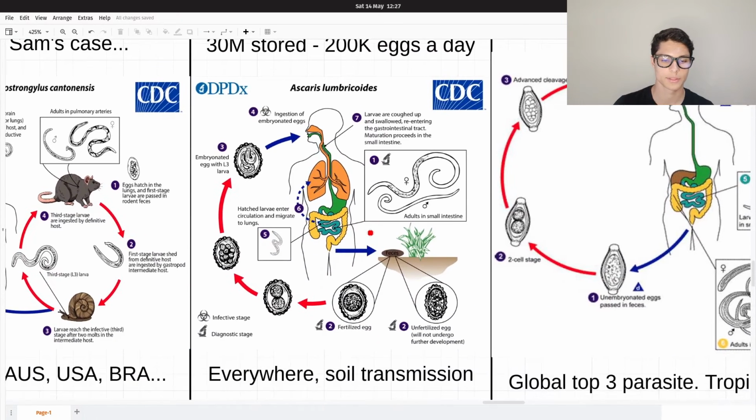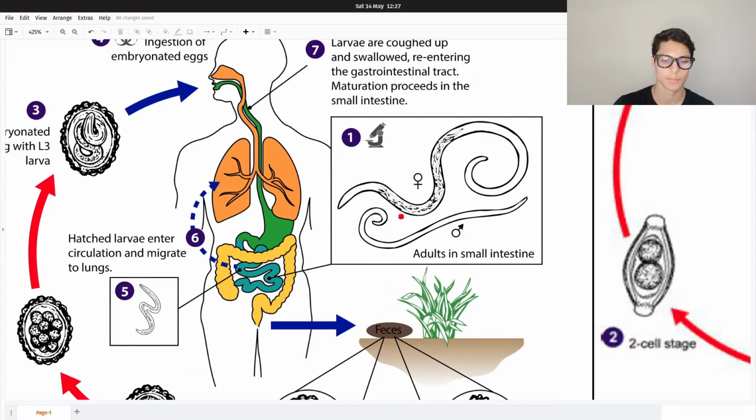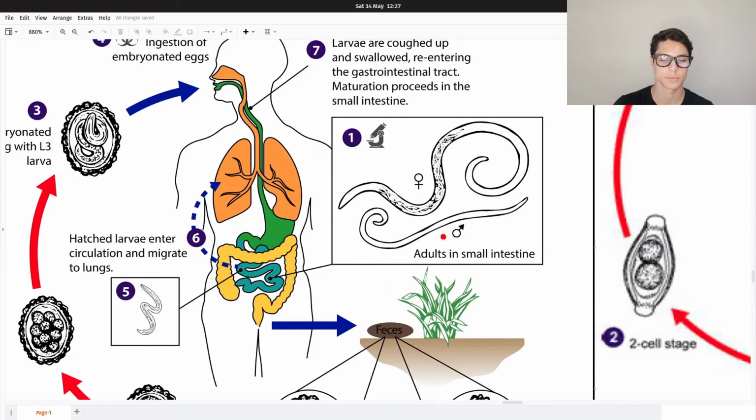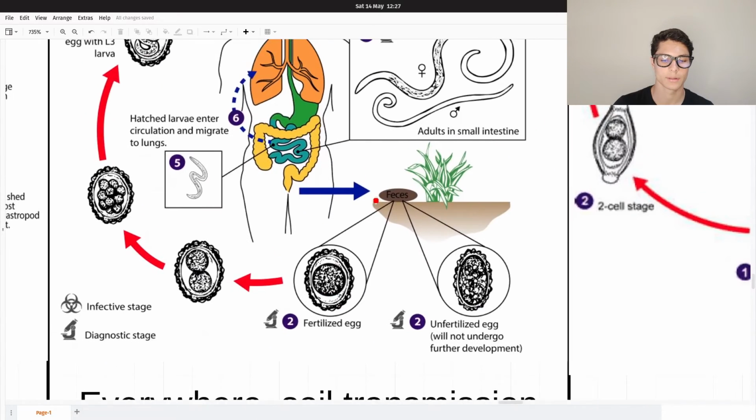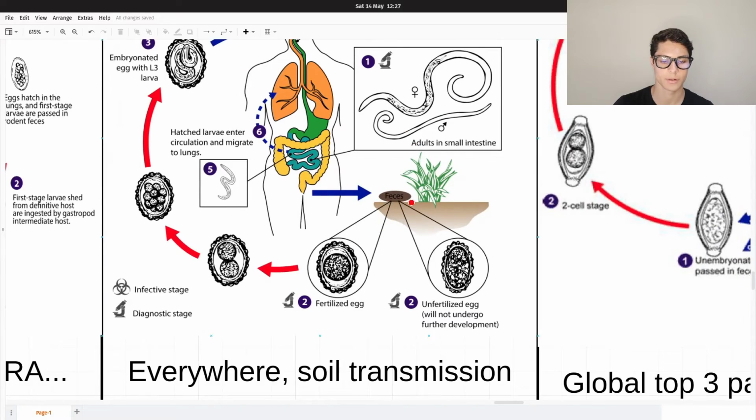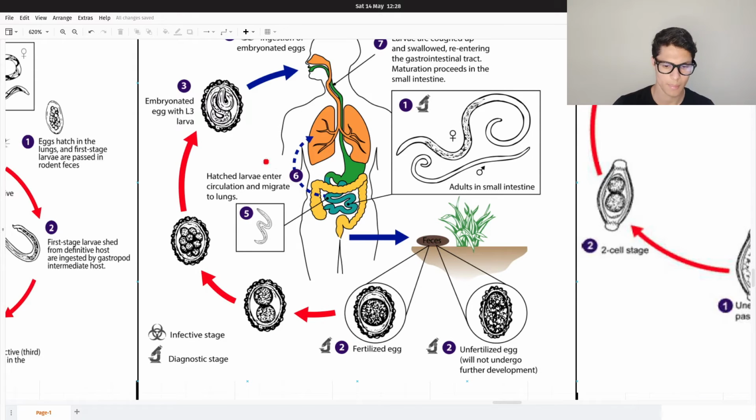The life cycle is pretty interesting because we have the adults in the small intestine. They will create eggs, and the eggs are going to get out in the feces. We have unfertilized and fertilized eggs. Then the fertilized egg creates the L3 larva.